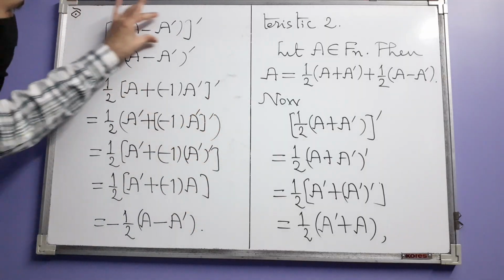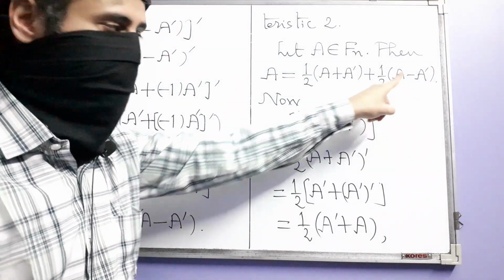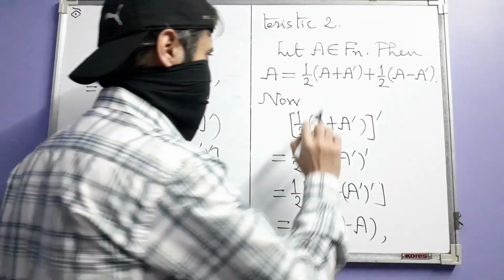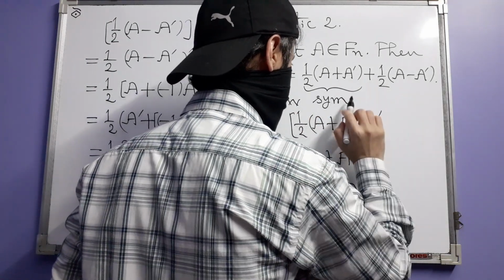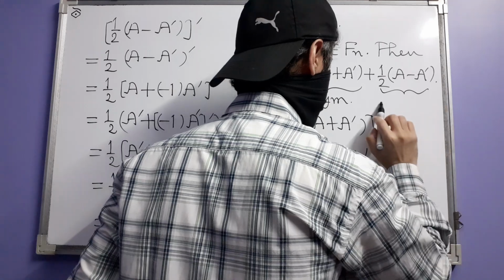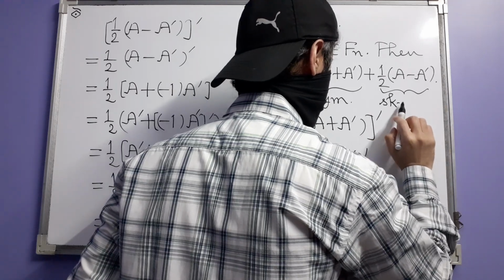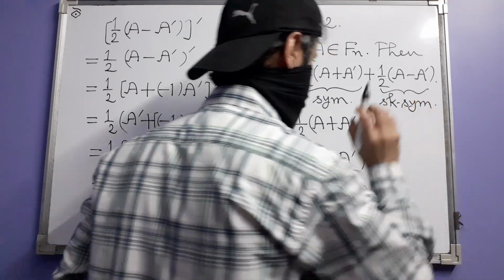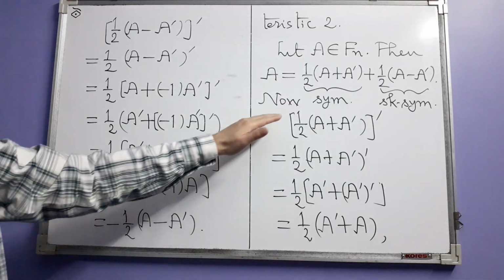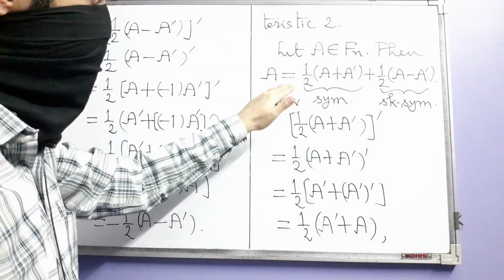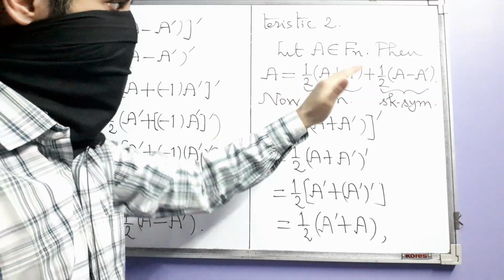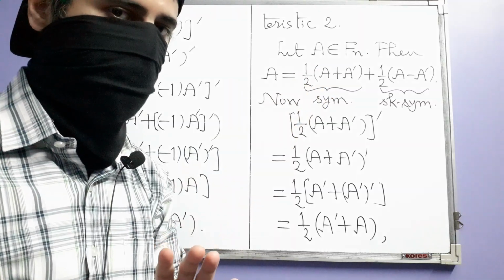So this one is skew symmetric and the other is symmetric. So we have been able to express any matrix in the matrix algebra as a sum of a symmetric matrix and a skew symmetric matrix.